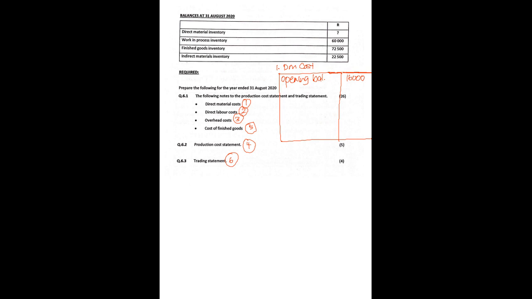And then the other one is on credit, so you will label it creditors or you can label it trade payables. Either one is fine, and that will be 130,000.